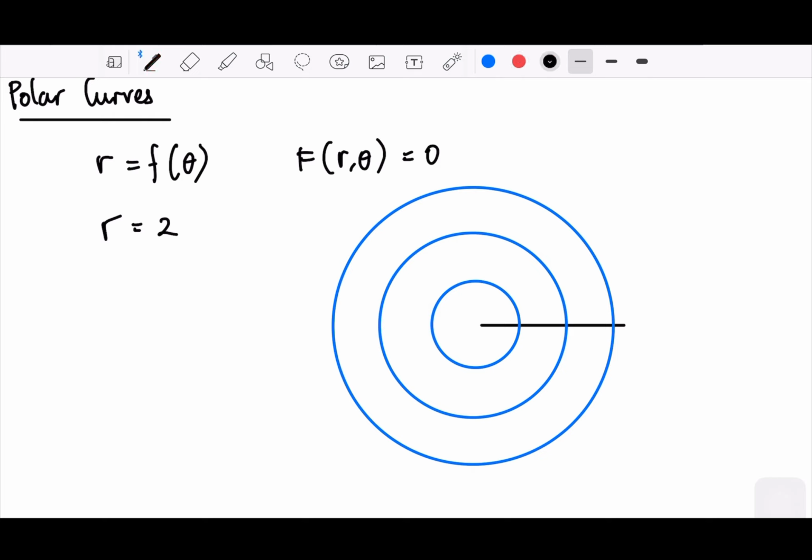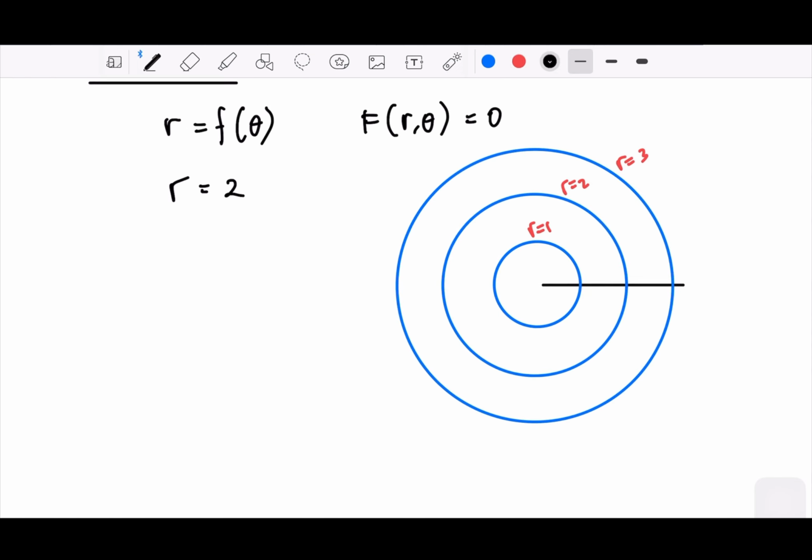Now we can take this and say that if this has radius 1, this has radius 2, and this is radius 4, then if we have a polar curve that is just r equal 2, it symbolizes the circle with radius 2, in terms of the polar curve. So let me take this in terms of r equal 1, r equal 2, r equal, let's say, 3.